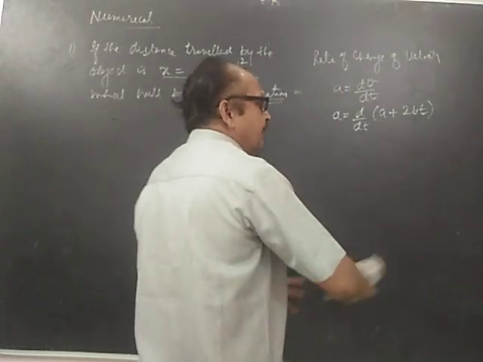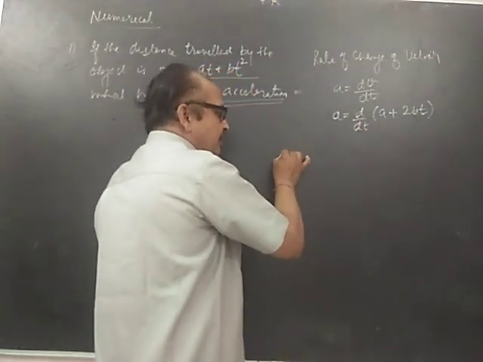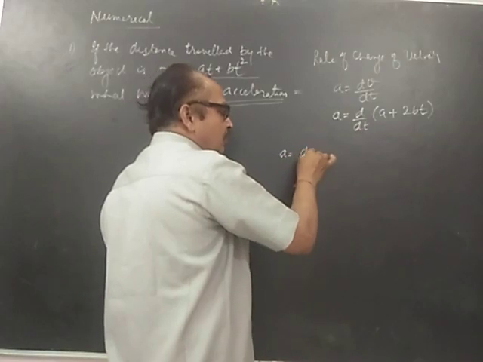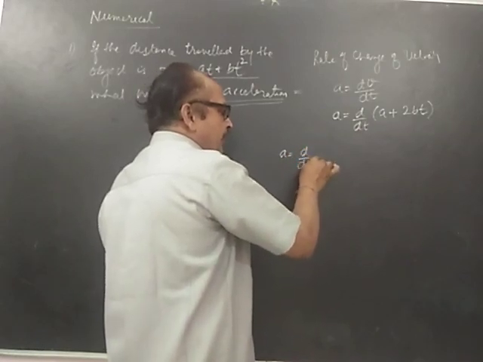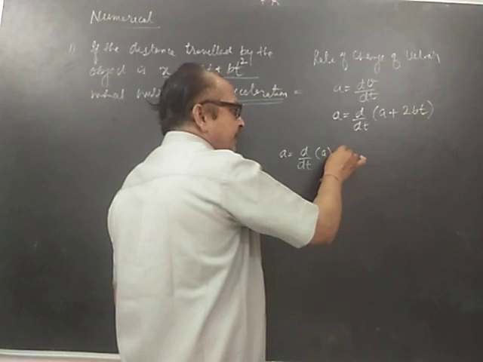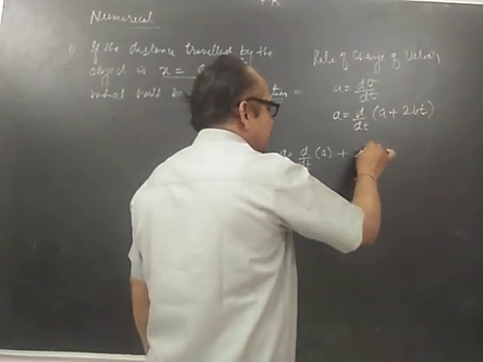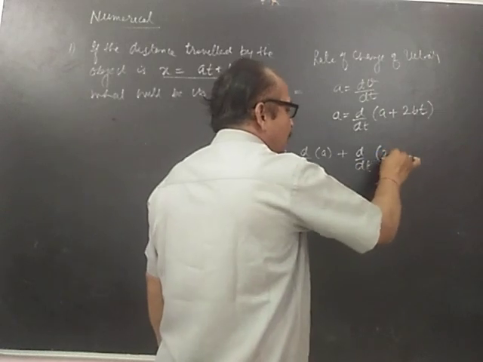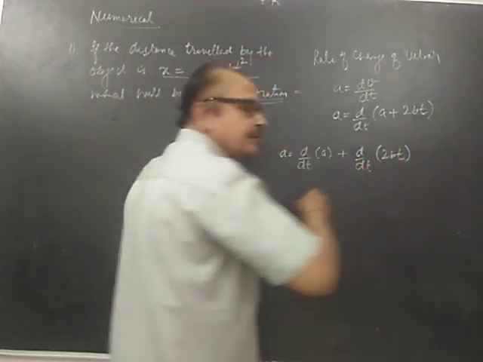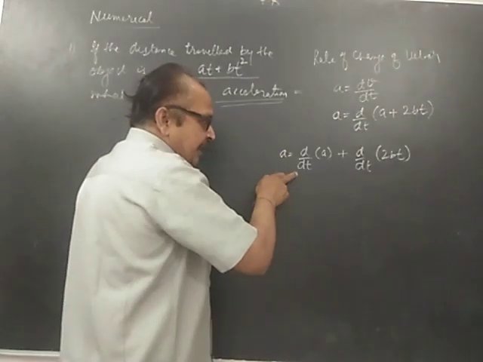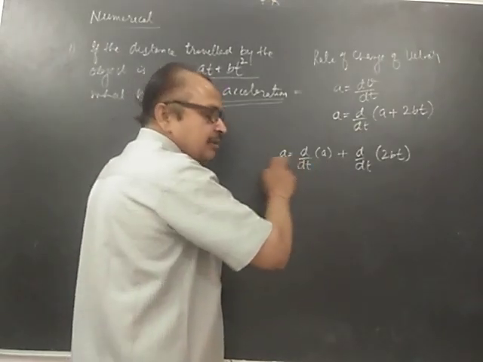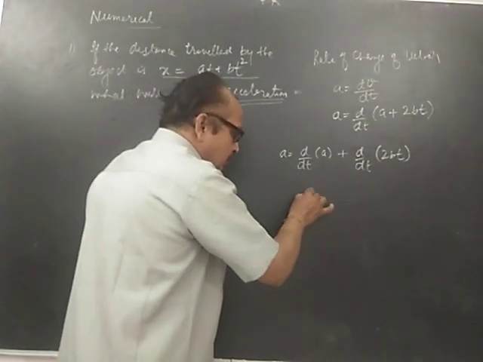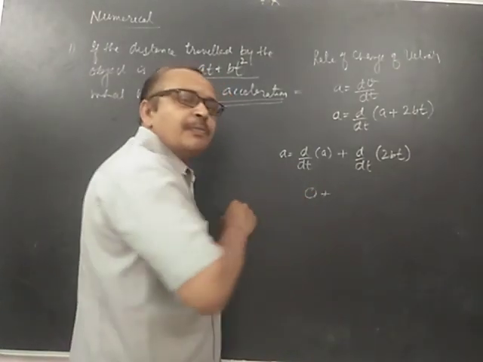And when you solve it again independently, a will be equal to d by dt of a plus d by dt of 2bt. Now d by dt of a constant term: a is constant, so it will be 0.